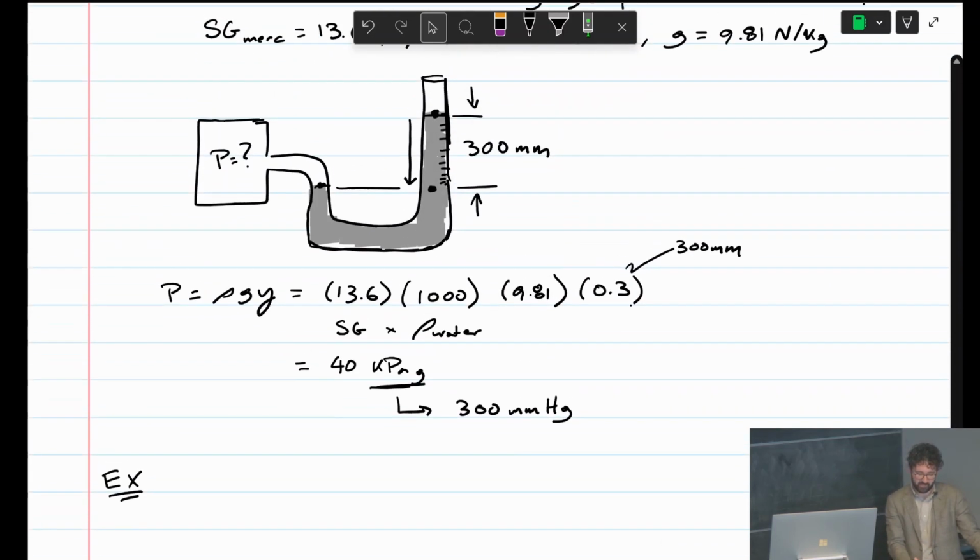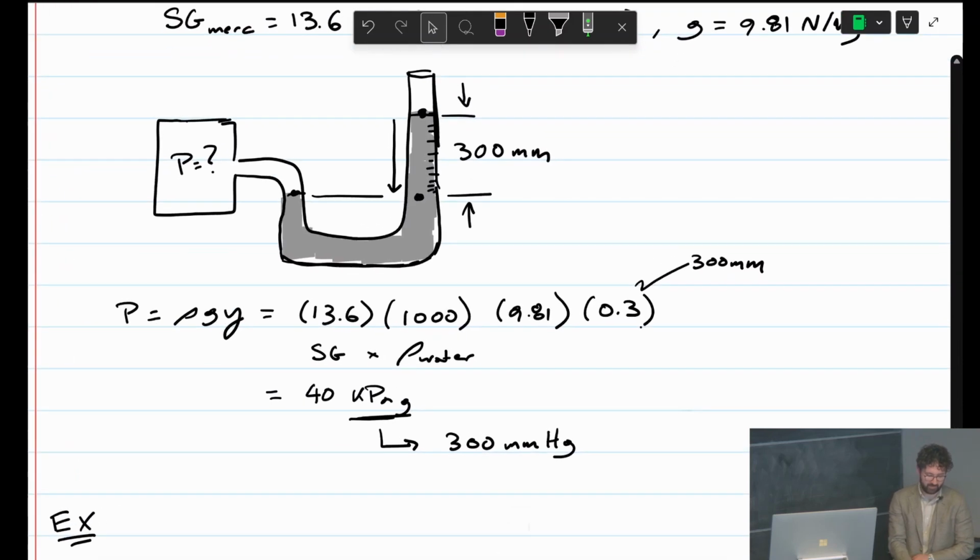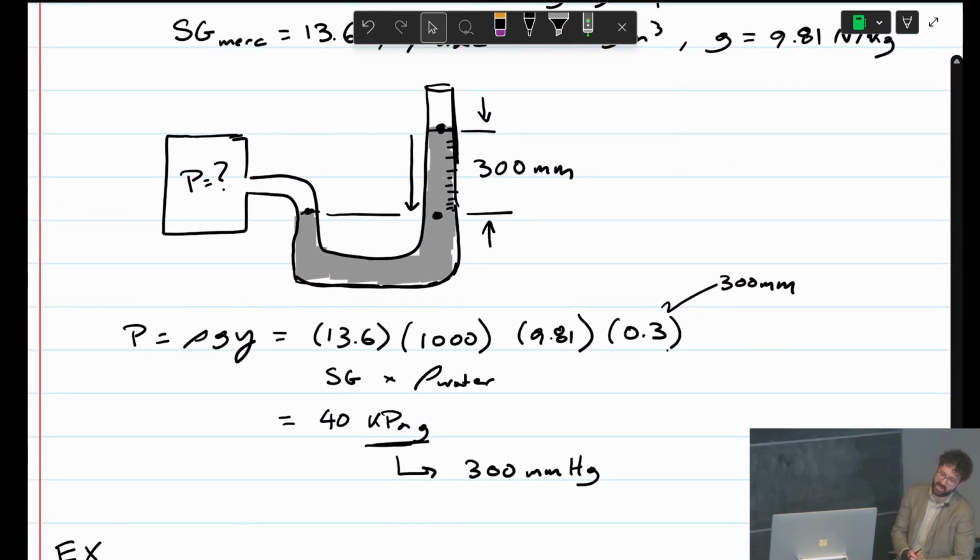Let's say we wanted to measure this pressure here. Say we're measuring it right now at plus or minus 1 kilopascals. How could we increase the accuracy of that?